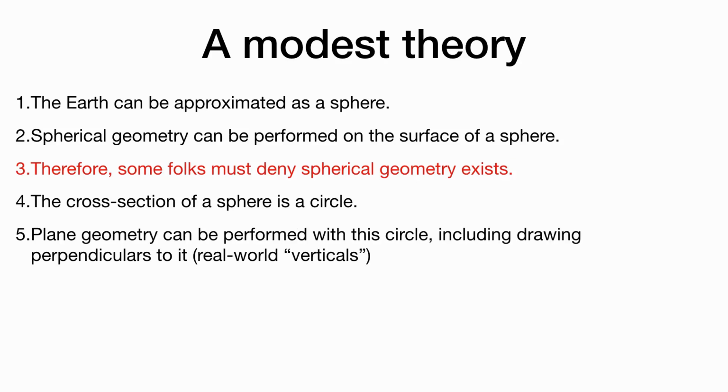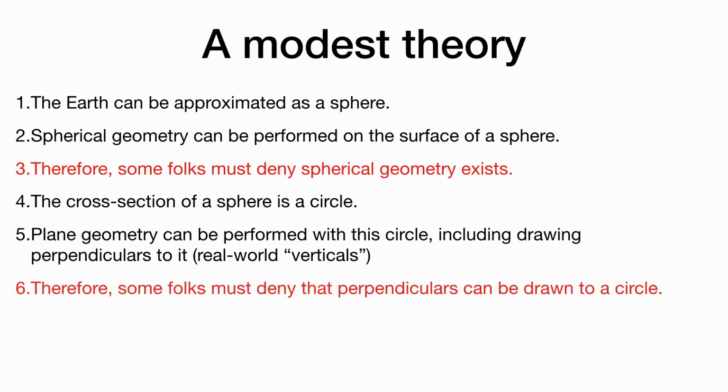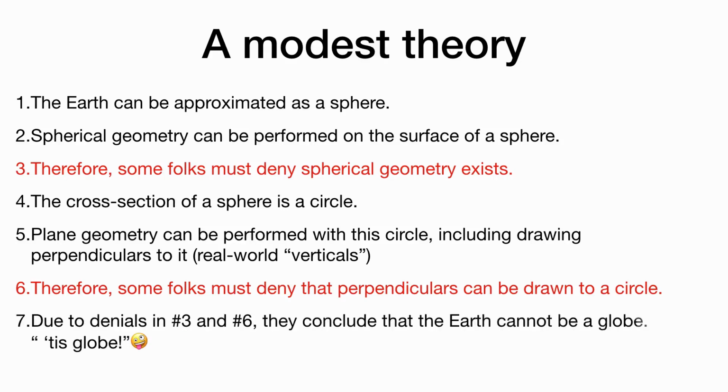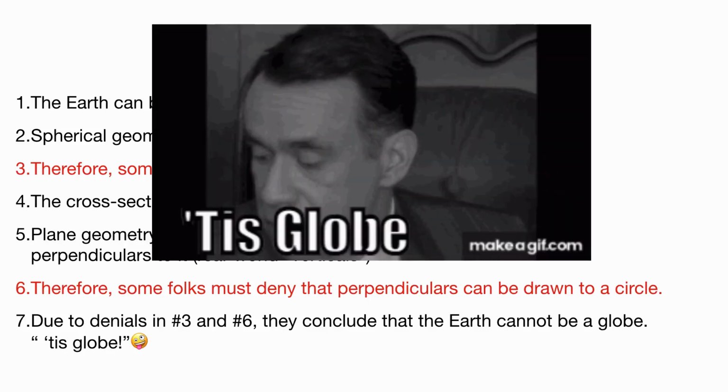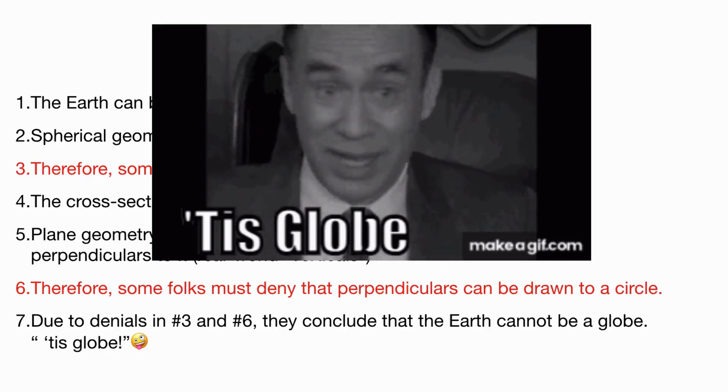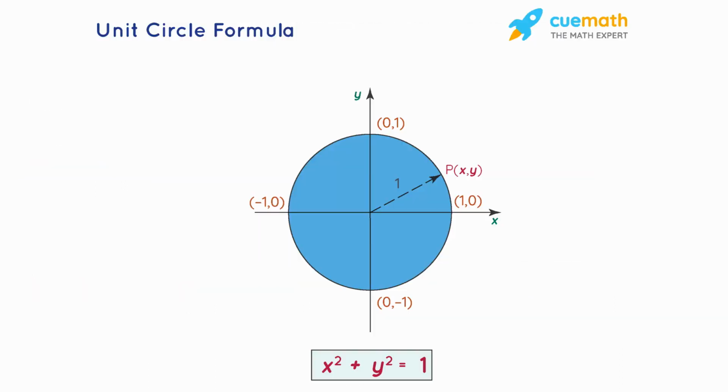Plane geometry can be performed with this circle, including drawing perpendiculars to it, otherwise known as real-world verticals. Therefore, some folks must deny that perpendiculars can be drawn to a circle. Due to their denials in number 3 and number 6, they conclude that the Earth cannot be a globe. But whenever I mention the globe, their silly, ironic response is, "'Tis globe."